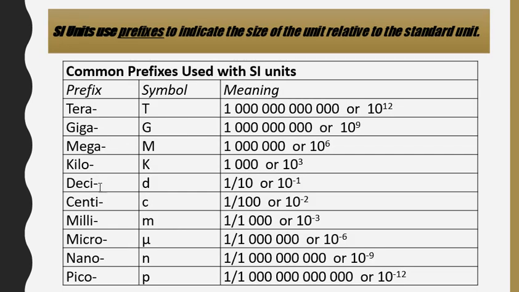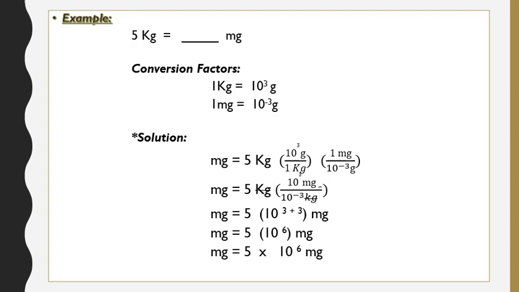So again, we have kilo, 10 to the power of 3. We have milli, 10 to the power of negative 3. So that becomes our conversion factor. Then cancel, and again subtract the exponents. And then you can have this, and it could be written as 5 times 10 to the power of 6 milligram.